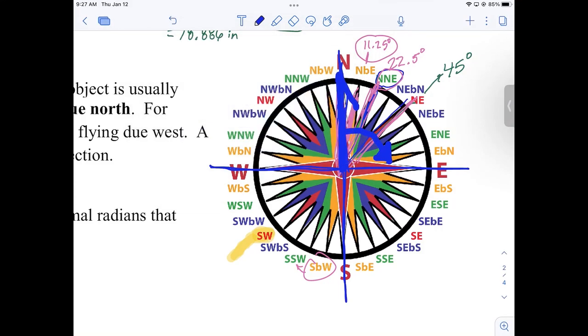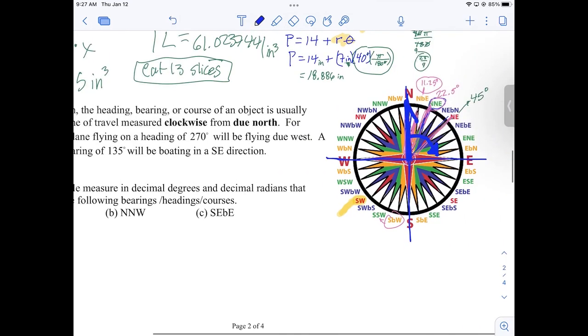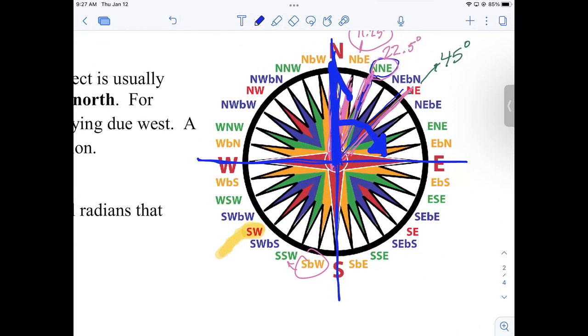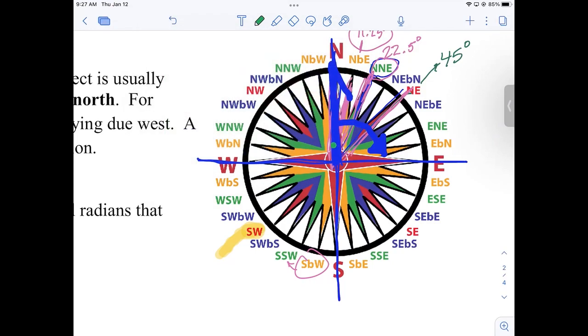It's not coordinate geometry. But that helps us figure out the angles, because southwest now, how far is it? I know southwest is going to be, I'll draw it here. Southwest is going to be at least 180, right? And then plus what? Plus 45, yeah.